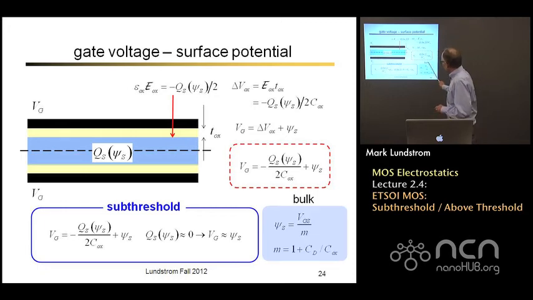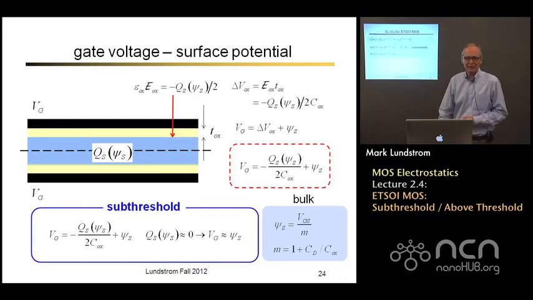Remember, in the bulk, the semiconductor potential was the gate voltage divided by some parameter m. M is something close to 1. We'd like it to be as close to 1 as possible in a bulk MOSFET. Because of the way the electrostatics work in this extremely thin double gate structure, M is exactly 1. So we can directly control the surface potential with the gate voltage.